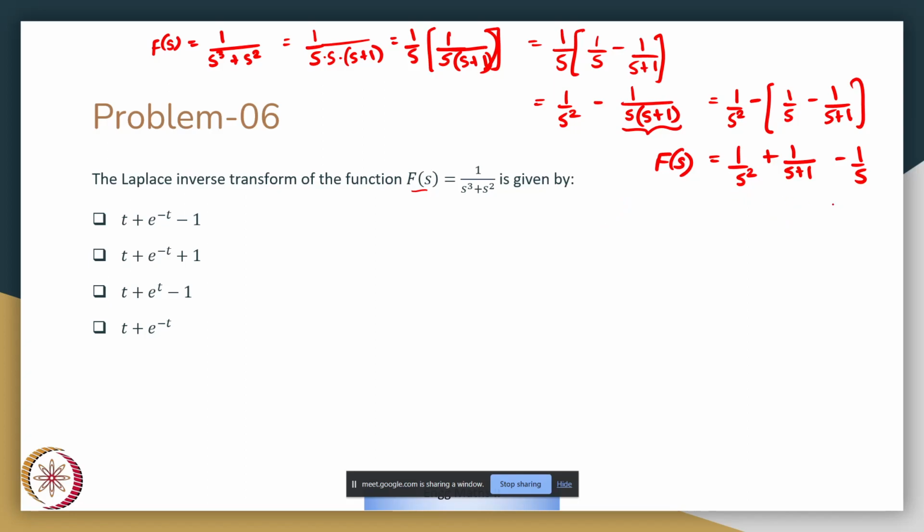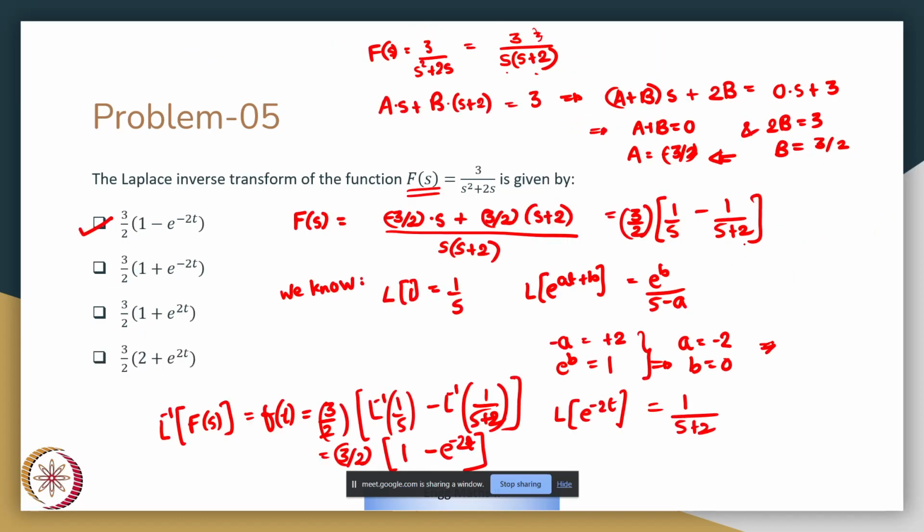Again, we can take the inverse transform. We know that 1 by s is the Laplace transform of 1. And 1 by s plus 1 is the Laplace transform of e raised to minus t; again, we can go through the e raised to at plus b process. And the third one, 1 by s square: if you remember from the very first problem, we obtained this to be the Laplace transform of t.